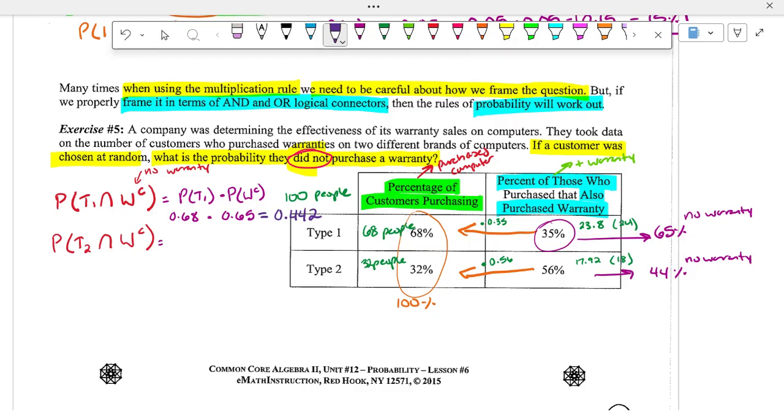So we're saying that about 44% of that 68% of people did not get that warranty. Okay. So the other one, we're going to do the same thing pretty much. So T2 times no warranty.